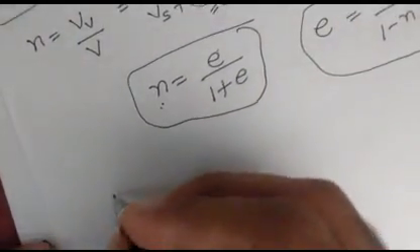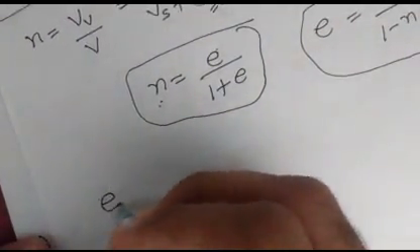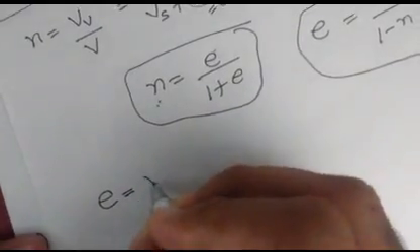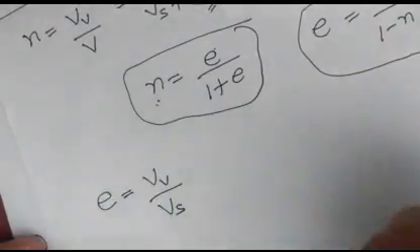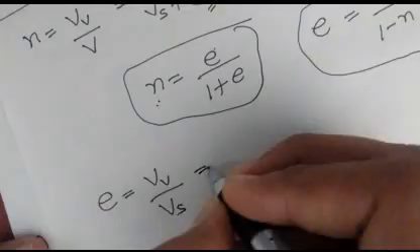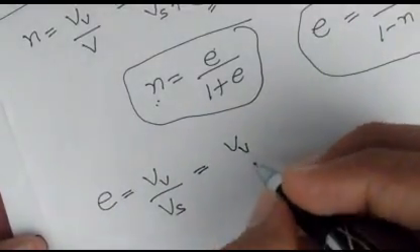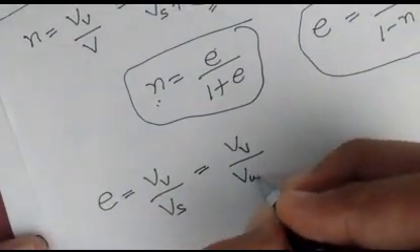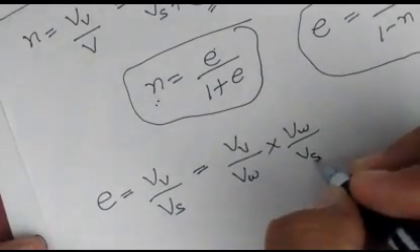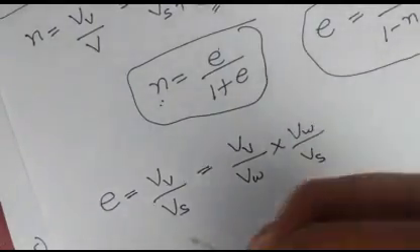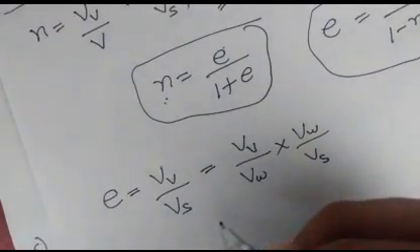Now we're going to come to some other formula. We have void ratio. What is void ratio? Void ratio is volume of voids by volume of solids. Now I can multiply volume of water in the numerator and denominator. This is because I want to introduce a few more terms like degree of saturation.